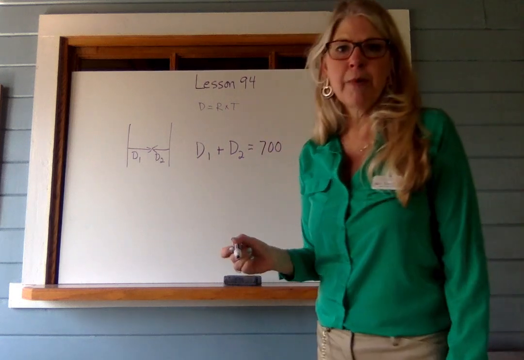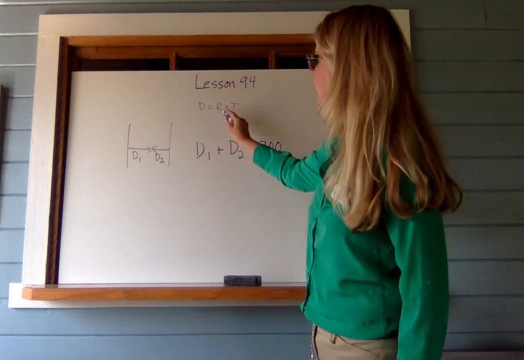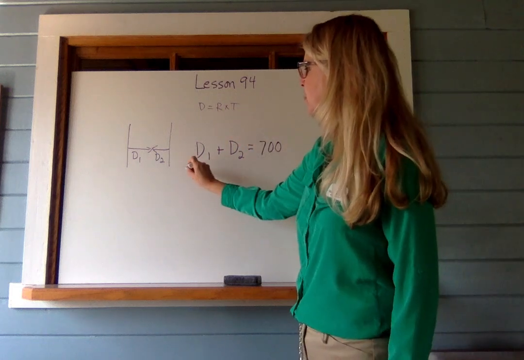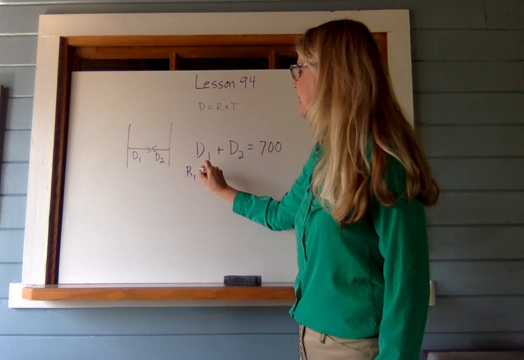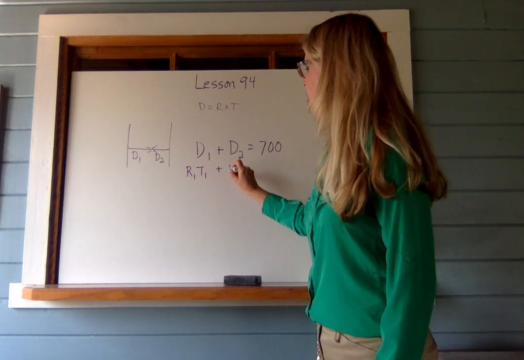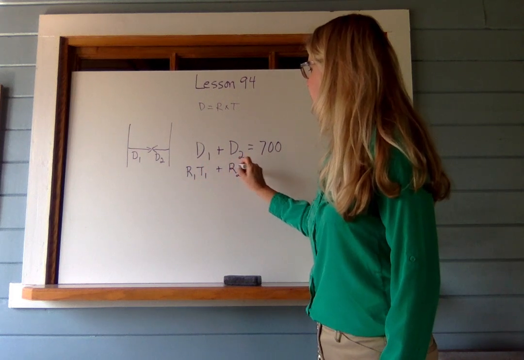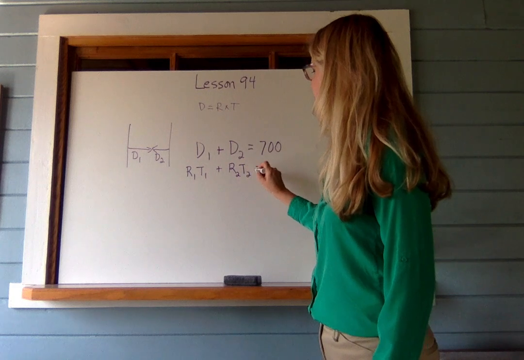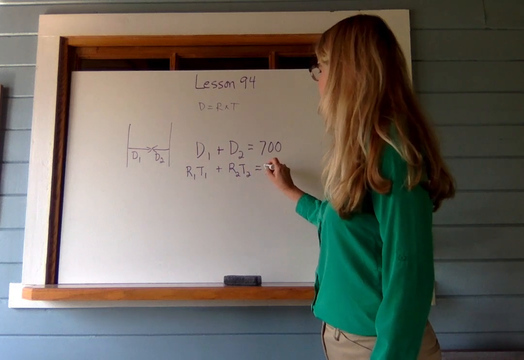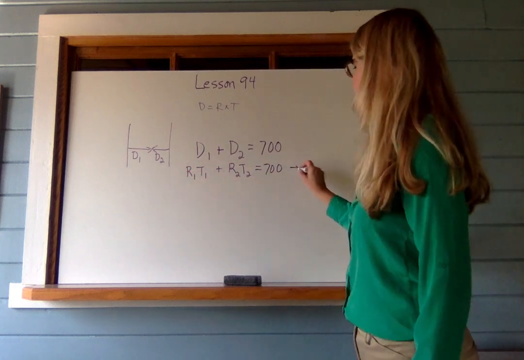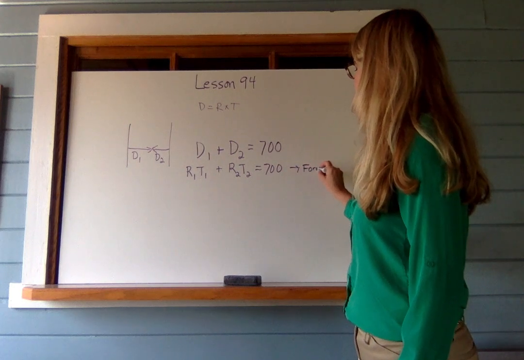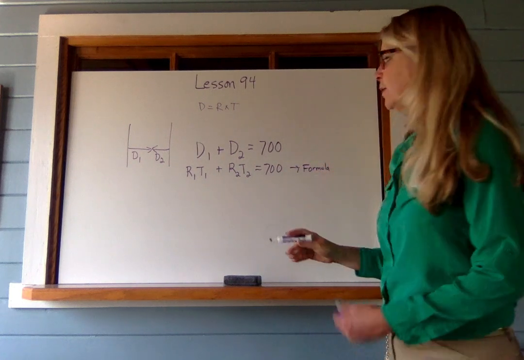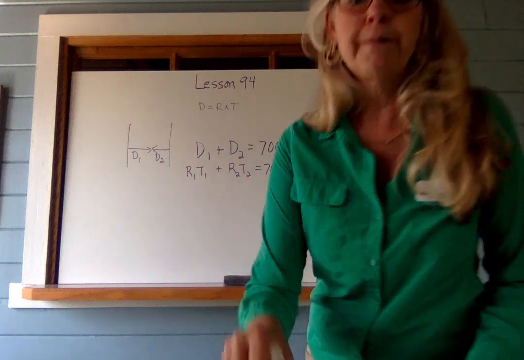We remember from lesson 92 that distance equals rate times time. So I can say R1 T1 plus R2 T2 equals 700. This is the formula that we're going to be using, just like in lesson 92, where we created a formula.